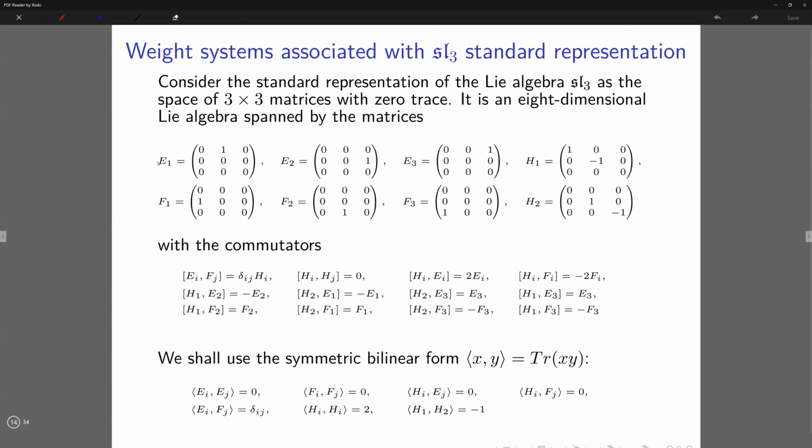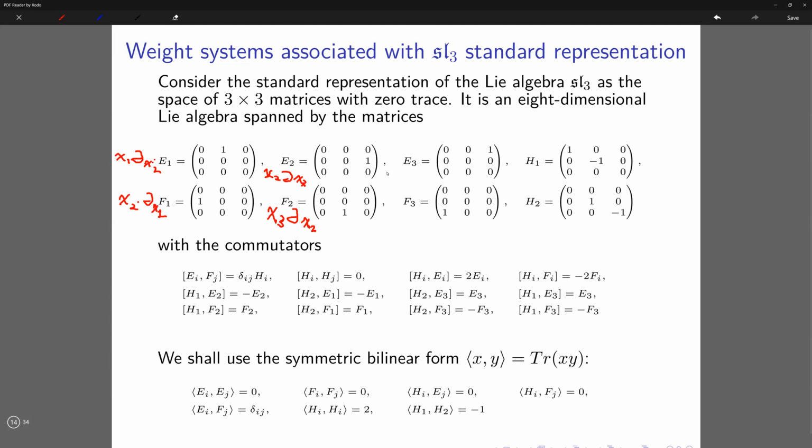So E1 is x1 partial x2, F1 is x2 partial x1. E2 is x2 partial x3, F2 is x3 partial x2.